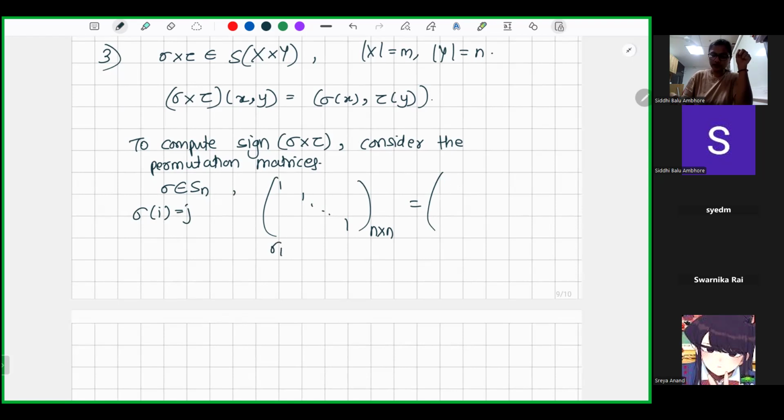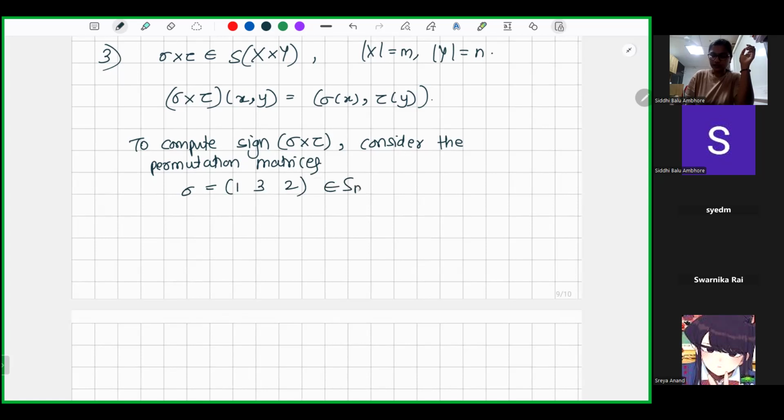Let me write this explicitly for 3 cross 3. Suppose sigma is equal to 132 in S3. Then what is the permutation matrix?